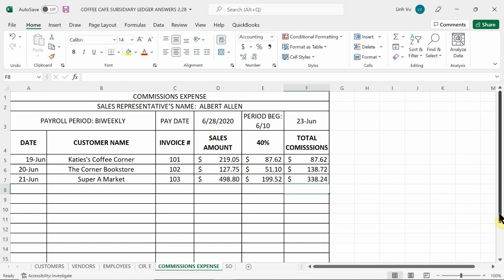Why didn't we need to adjust Albert's earnings? Because Katie decided to return money from us, because of the coffee.